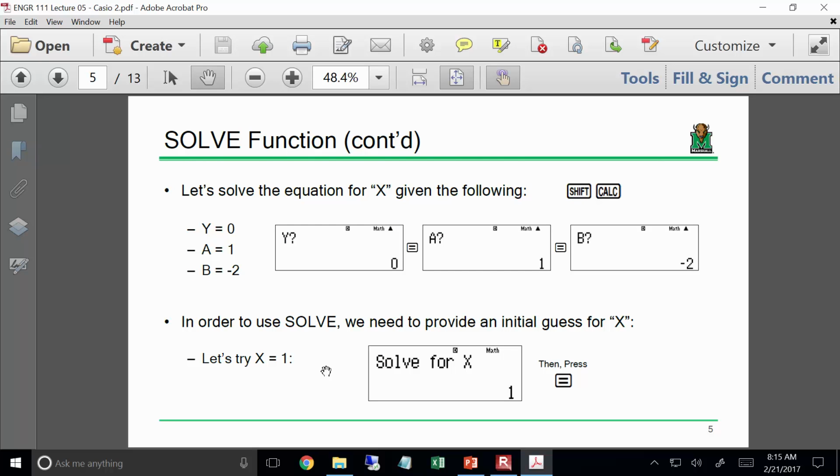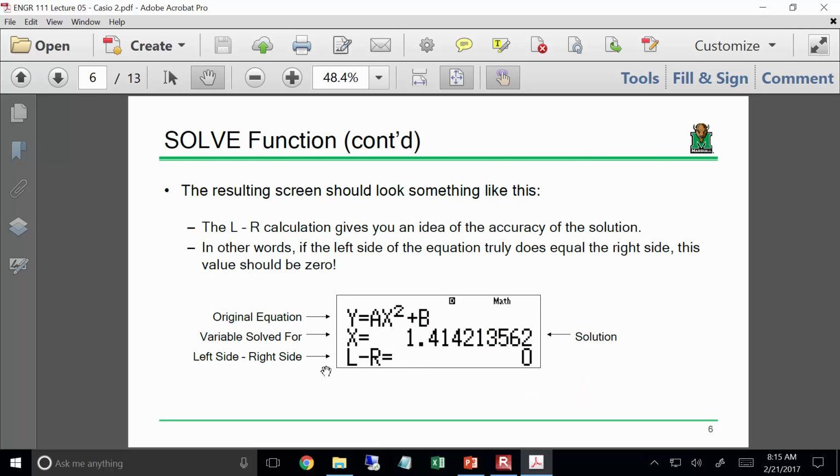It works kind of like last time when we did goal seek and looked at the trajectory of that projectile. We asked what the angle needs to be to hit a certain distance, and we found there were two answers. The answer was contingent upon our initial guess. The same thing is true here. My initial guess in this case is x equals 1, and I go through the math and it gives me an answer of 1.414.